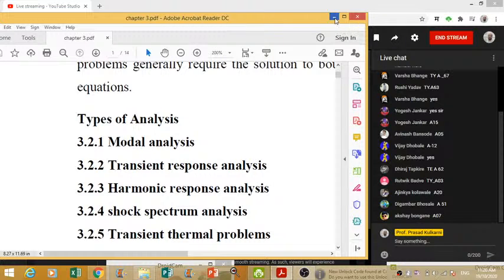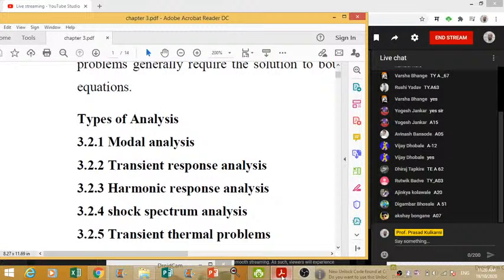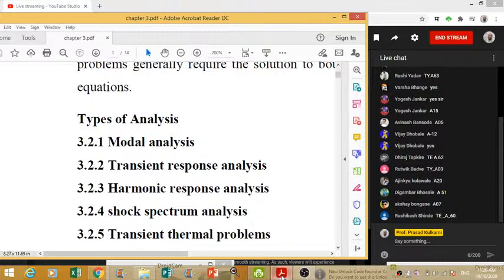Obviously some students may have confusion that, sir, this component is stationary, so we should go for the statics type of analysis. But rather you should consider the static or no movement of that analysis.